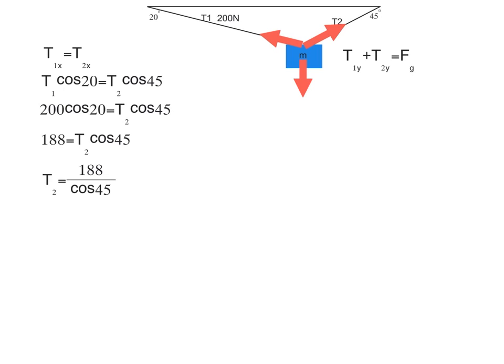There we go. And so when we punch that into our calculator, we're going to get that T2 will equal, nope, that's not what I want. There we go, will equal 266 newtons.